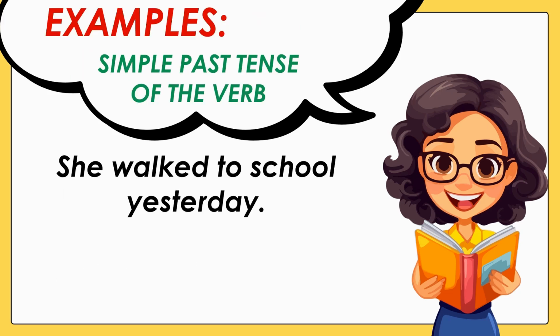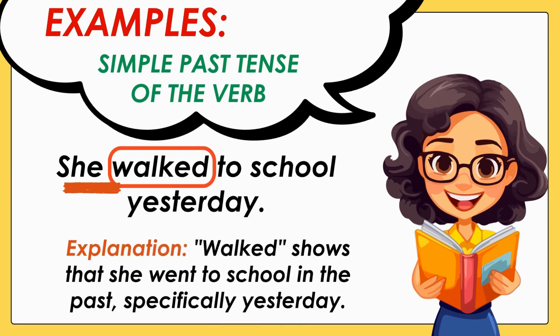Now, let's see examples of simple past tense of the verb. First, she walked to school yesterday. She is the subject or the topic of the sentence, and walked is the verb. Walked shows that she went to school in the past, specifically yesterday.